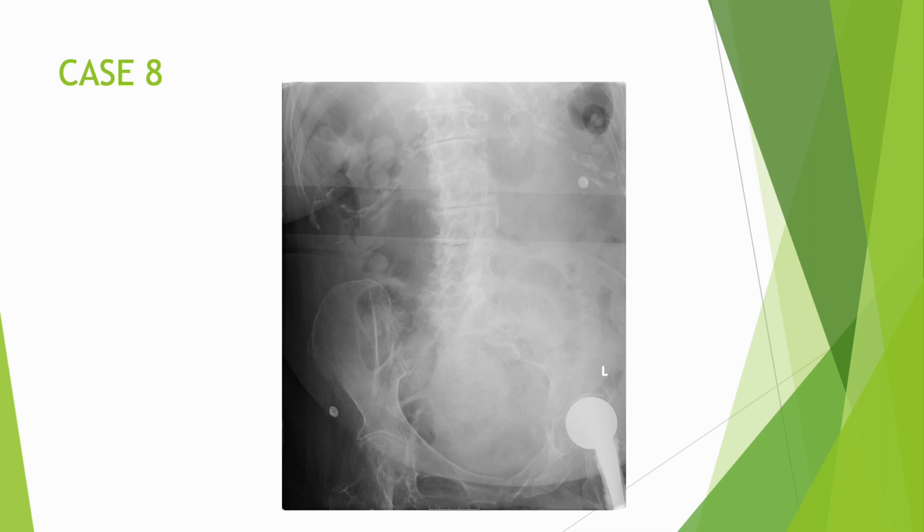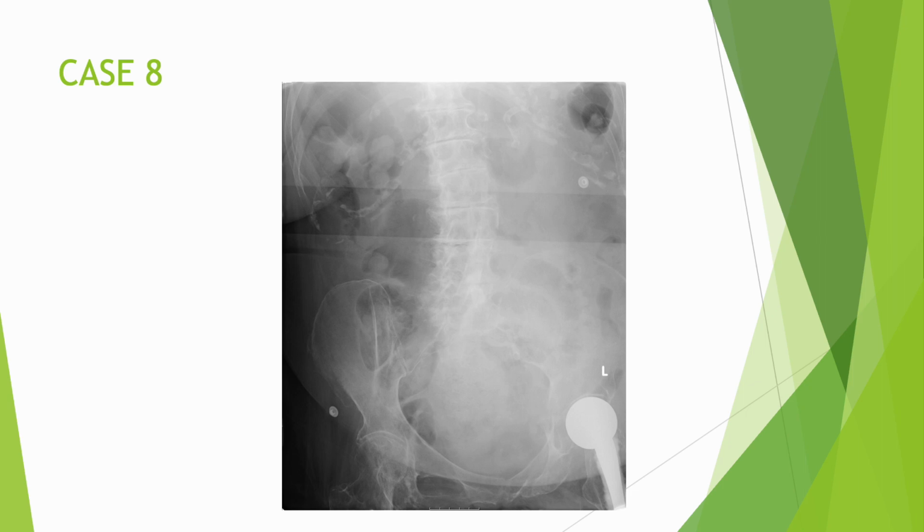But in comparison to this image, which also has a left hip hemiarthroplasty, there are severe degenerative changes in the lumbar spine and in the right hip joint. So you can see a severe loss of joint space on the right hand side.